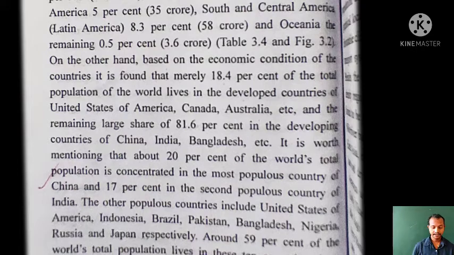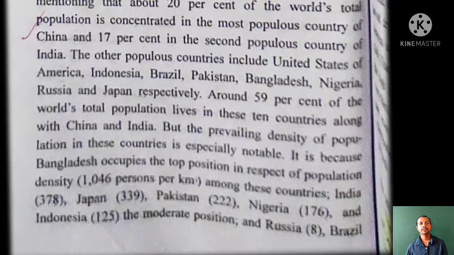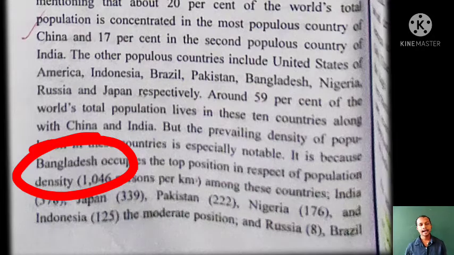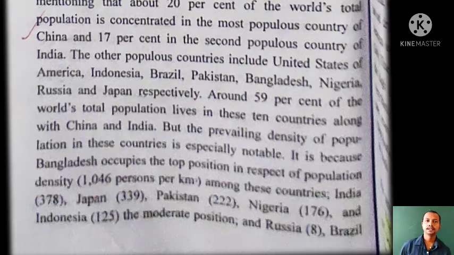And as for the density in an area, the people living in a square kilometer area, if we look into the density, Bangladesh is having the highest one, highly populated as for the density, and Bangladesh is having 1046 per square kilometer, and second comes India, which is having 378.